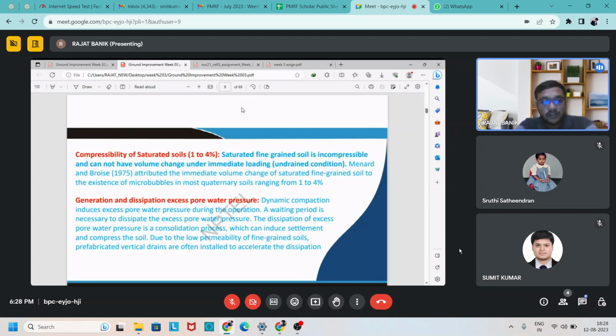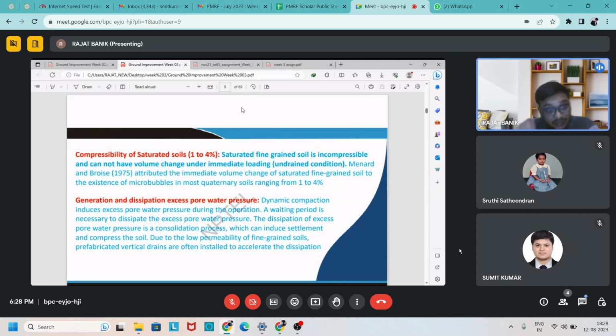First one is compressibility of saturated soil. Here a volume change of 1 to 4% occurs. Actually, saturated fine-grained soil is incompressible in nature and cannot have volume change under immediate loading. That is the undrained condition, because saturated fine-grained soil is less permeable and has fewer drainage paths, so the excess pore water pressure cannot easily dissipate.